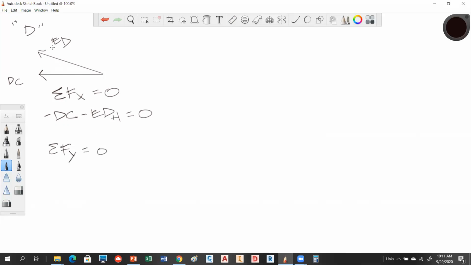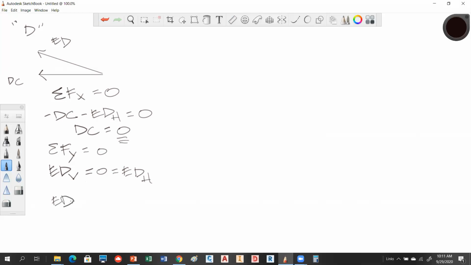What's going on in Y? We've got ED vert, and there are no other forces. So it has to be equal to 0, and therefore ED horizontal has to be equal to 0. If that's 0, that's 0. So DC is 0.